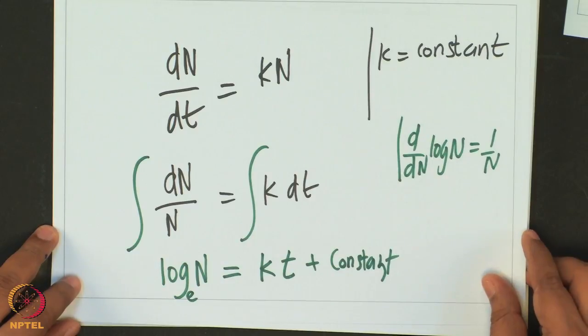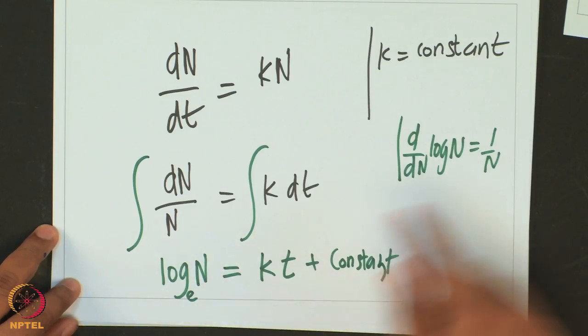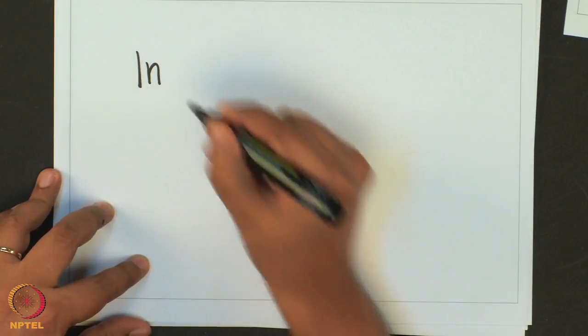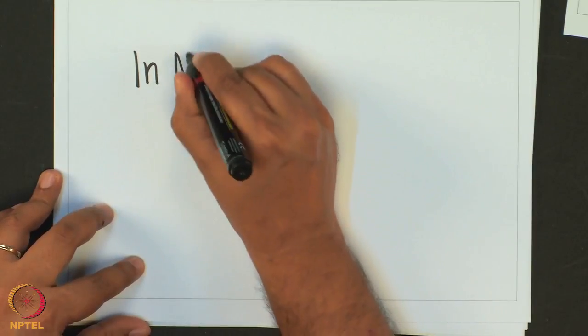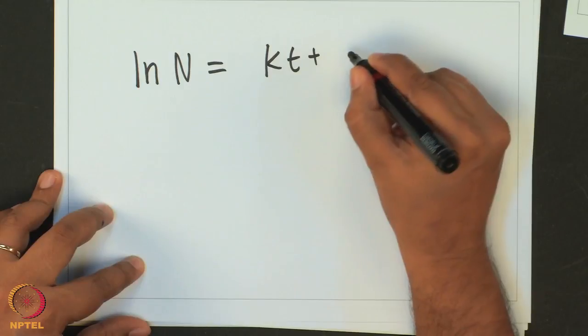If I have this, the way of getting N from log N is exponentiating. So I can exponentiate. What we have is log N, which is log to the base e, also written as ln. ln N is equal to kt plus some constant.